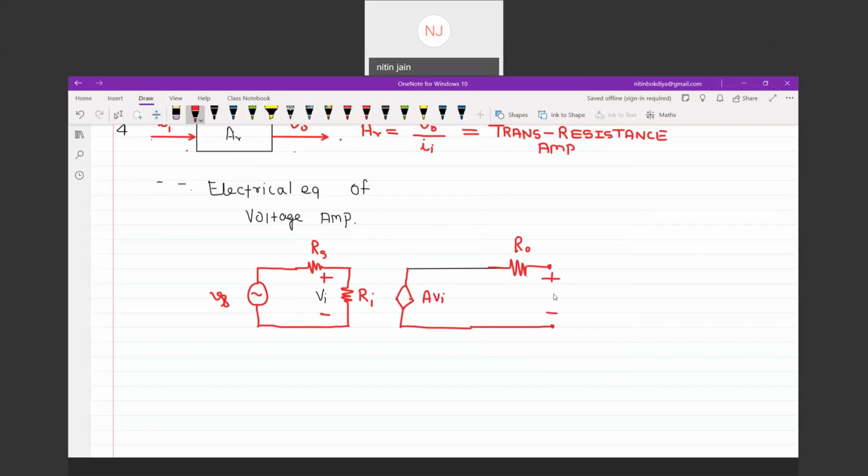This is Vout, and let's say you are adding one load here. So this is the whole arrangement. What we expect is that the value of Vi must be Vs. This is the ideal condition.